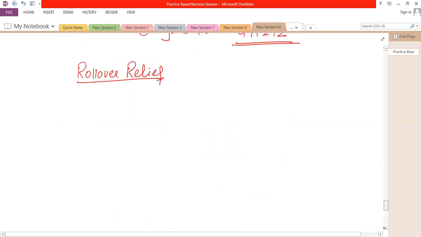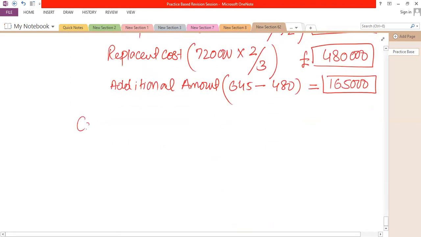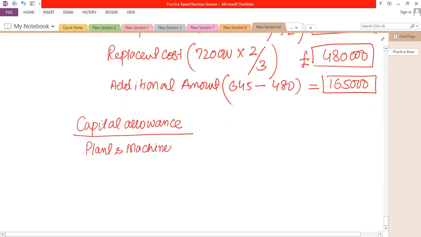Again, a theoretical question. So put a heading of capital allowances. First, discuss the plant and machinery. We have a kind of integral feature.